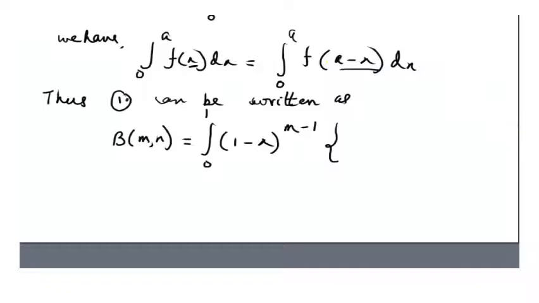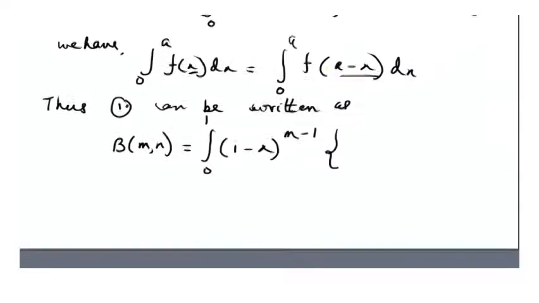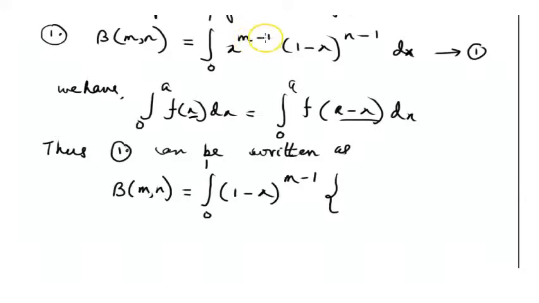So in this beta function, we had x to the power m minus 1, 1 minus x to the power n minus 1. So what do I substitute? A minus x means, we take what a is here, and a here is 1. So I put 1 minus x in place of x, so x to the power m minus 1 into 1 minus x the whole to the power n minus 1 dx. I hope this is clear to you.